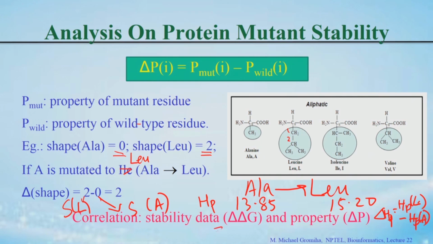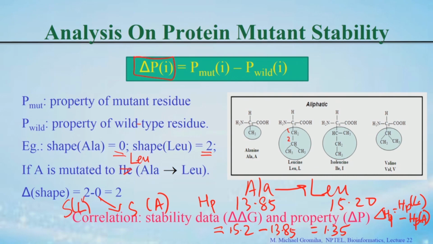You will get this value, leucine 15.2 minus 13.85, this is equal to 1.35.